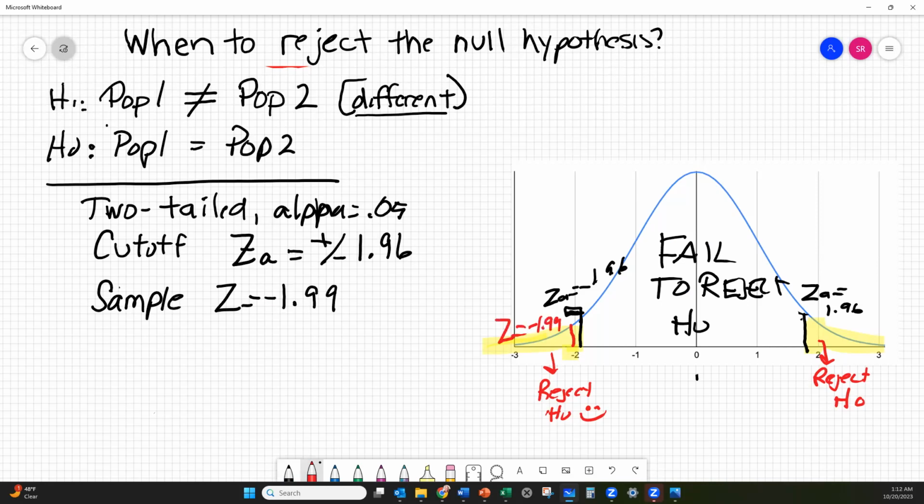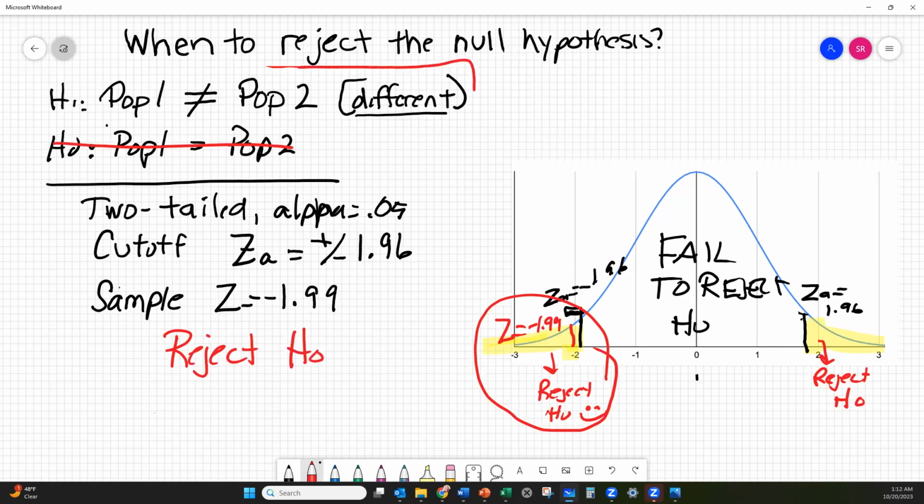That's Z equals minus 1.99. It is in the shaded region of the distribution. And so since it's in this reject region, we reject H0, our null hypothesis, we cross it off, and the researcher's research hypothesis is supported.